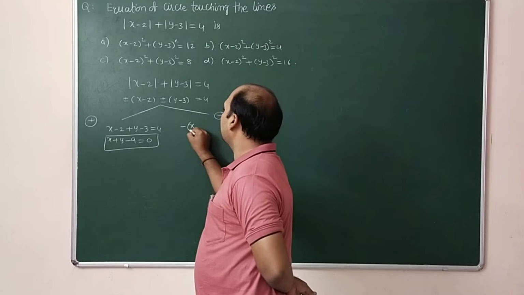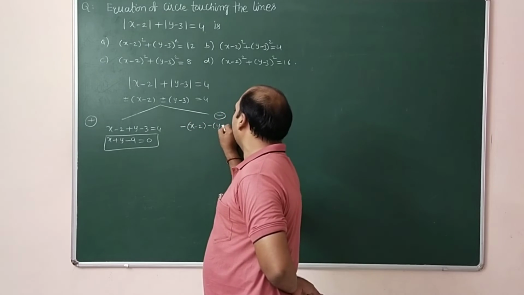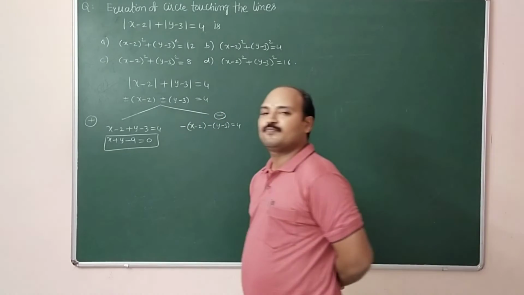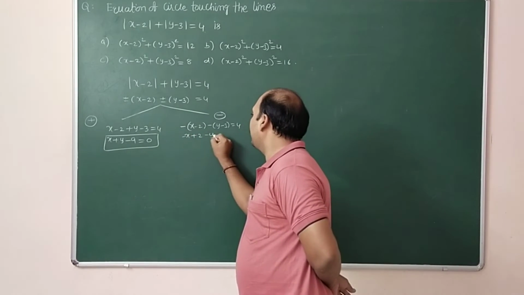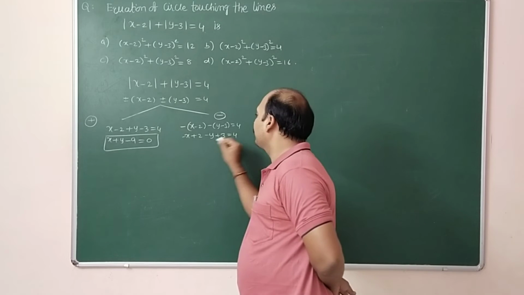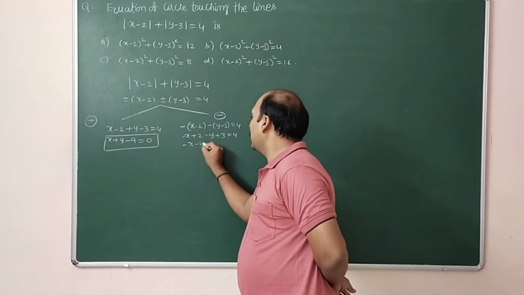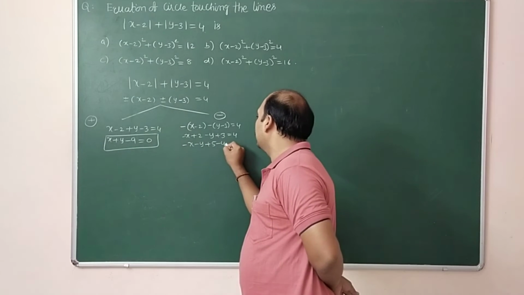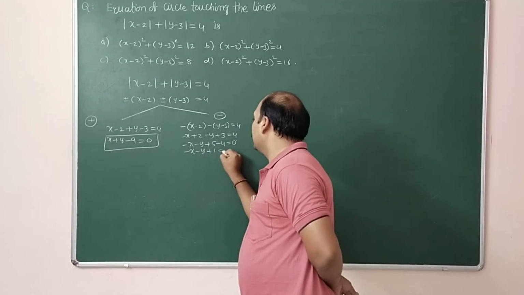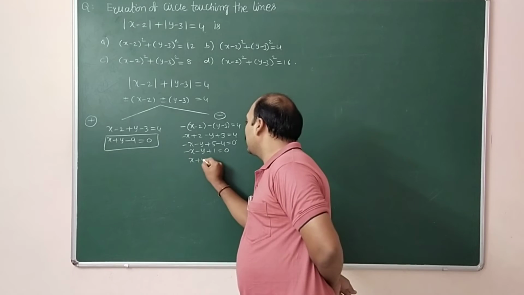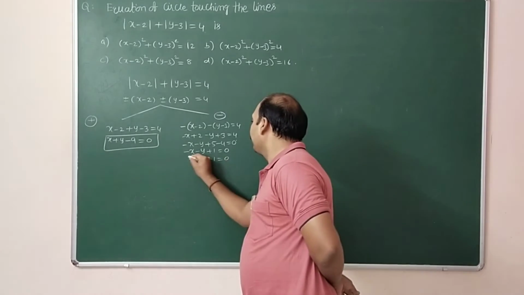Minus of (x minus 2) minus of (y minus 3) equal to 4. So minus x plus 2 minus y plus 3 equal to 4. Minus x minus y plus 5 minus 4 equal to 0. So minus x minus y plus 1 equal to 0. x plus y minus 1 equal to 0.